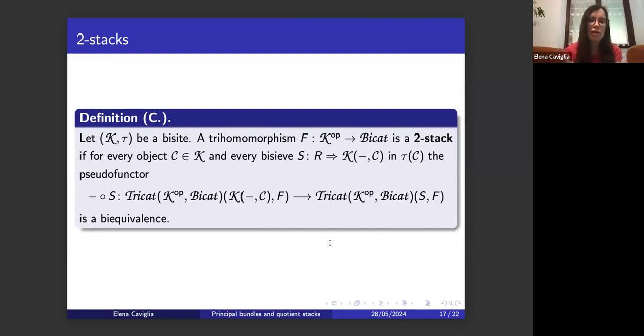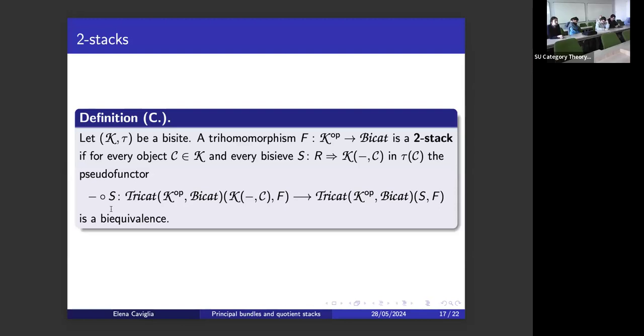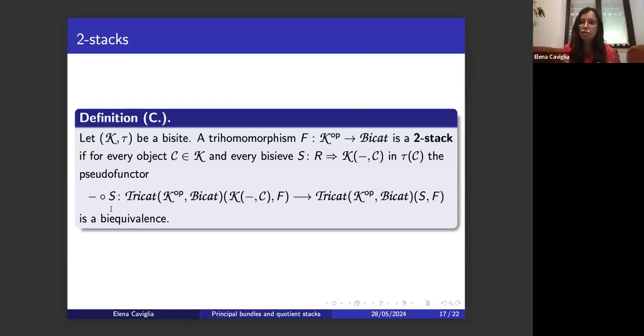So first of all, it was very easy to generalize the characterization, because we can just say that a three homomorphism of this kind is a two-stack if for every bisieve, the pseudo-functor of precomposition with the bisieve is a bi-equivalence. So we are just replacing the equivalences we had in dimension 1 with bi-equivalences here. So this is a very natural generalization.